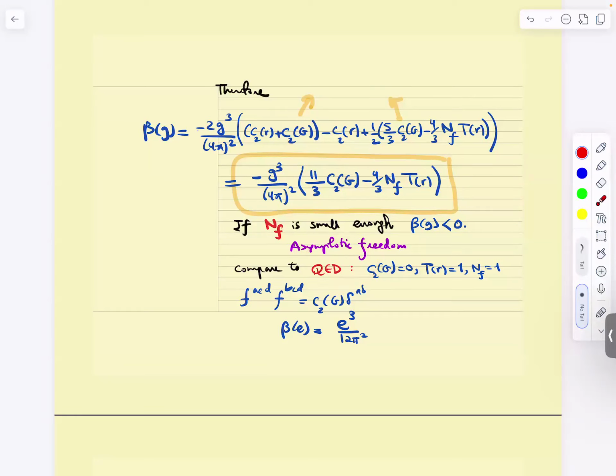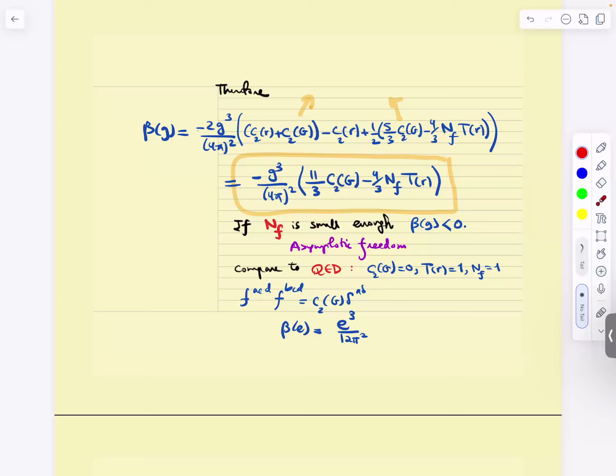Compared to QED, C2 of G is 0. The reason is that C2 of G comes from, if you remember, the quadratic Casimir. The adjoint representation is basically f^{ACD} f^{BCD}, but in the case of U(1), the f's are 0 because the algebra is abelian, so C2 of G is 0.